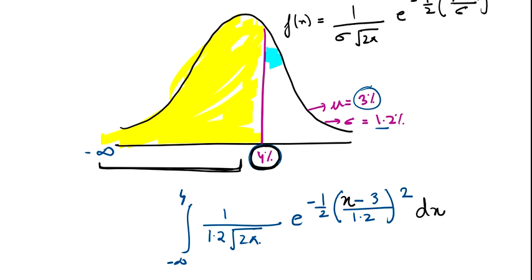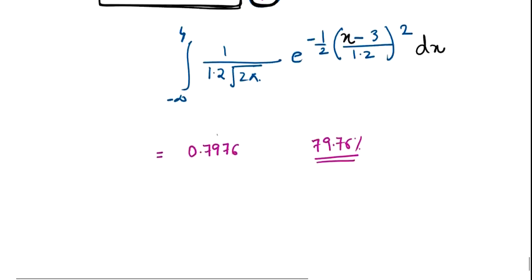Suppose I would have been asking you, what is the area towards the right, or what is the probability that the return will be greater than 4?